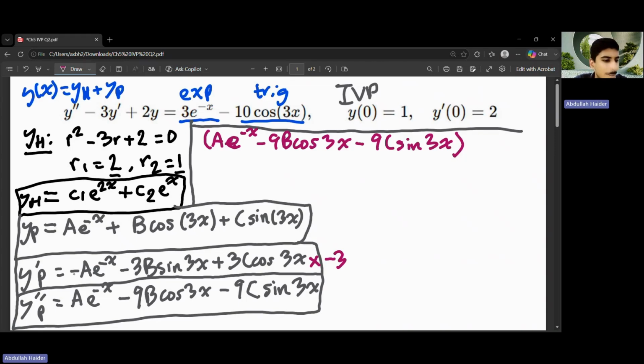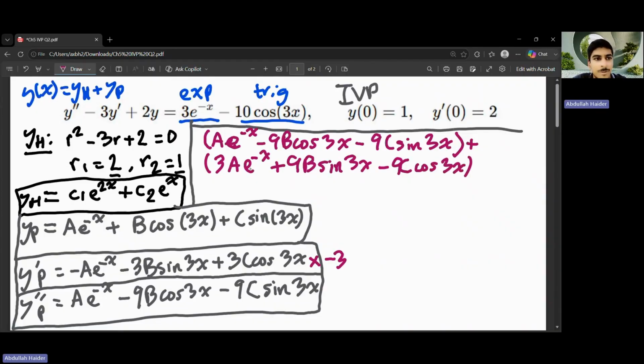You multiply y prime p by negative 3, so you get plus 3a e^(-x) plus 9b sine 3x minus 9c cosine 3x. This is your minus 3y prime. Plus, now we have 2y, so we multiply our yp by 2.